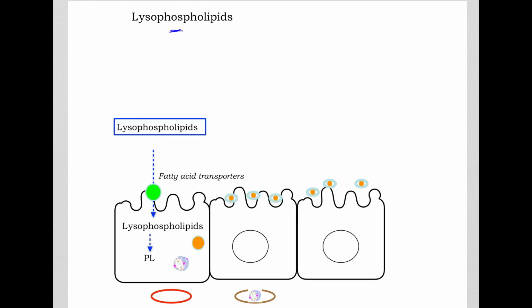The lysophospholipids are taken up by fatty acid transporters and once in the cytoplasm are converted to phospholipids. And then these phospholipids could either be part of lipid droplets or chylomicrons.